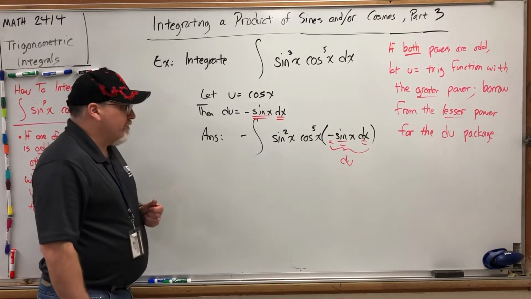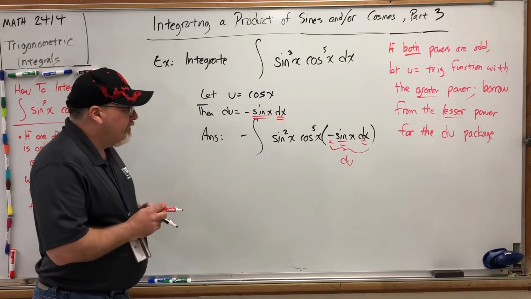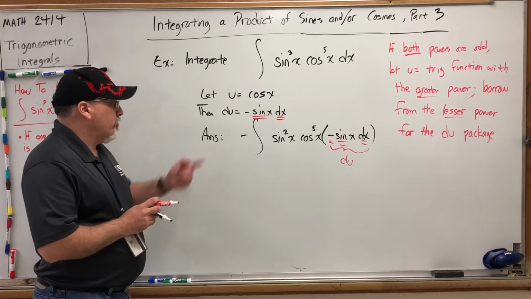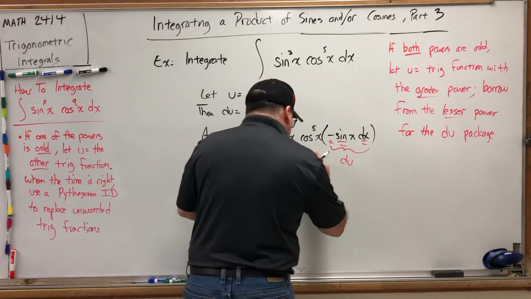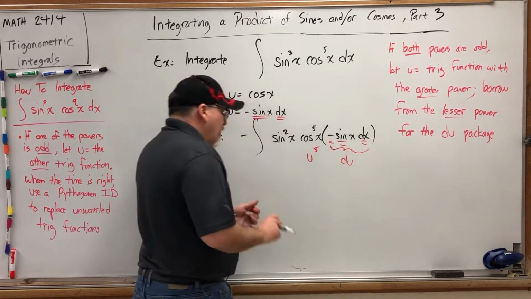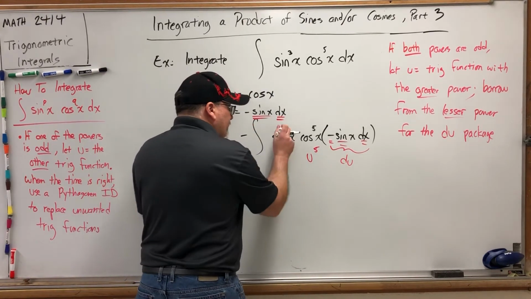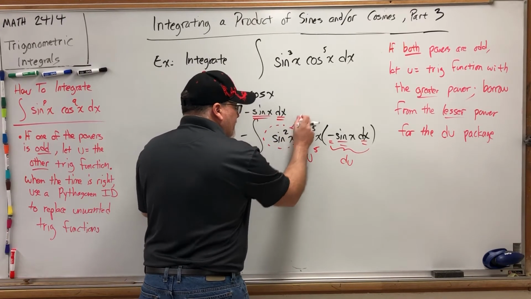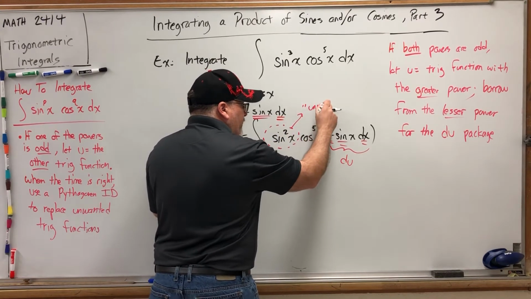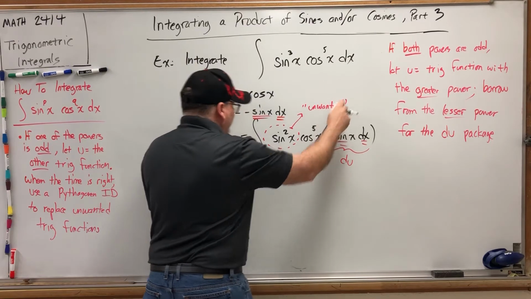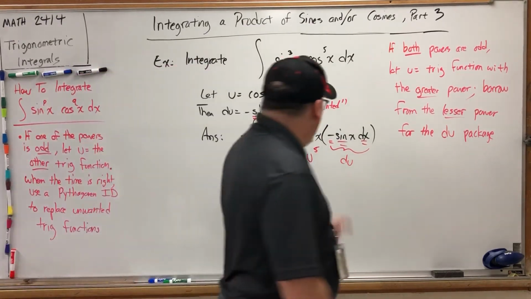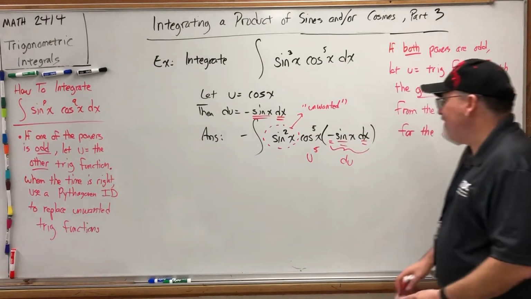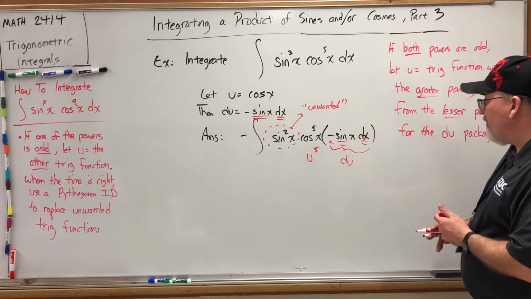Of the remaining trig functions, who's unwanted? Well, who's our substitution? Our substitution is cosine, so cosine to the fifth becomes u to the fifth. But the sine squared x, this is what I'm referring to as unwanted. I wanted cosines. Cosines become u's. I don't want sines. So now we use a Pythagorean identity to rewrite sine squared.